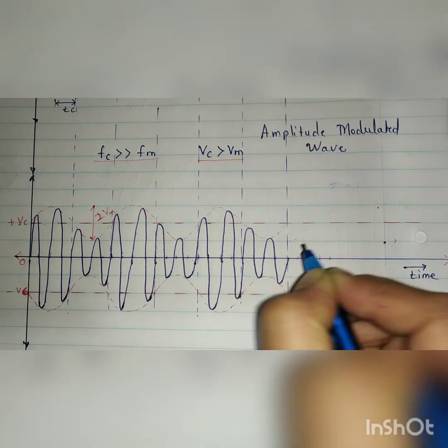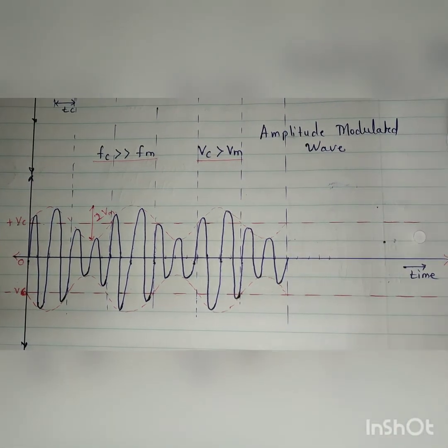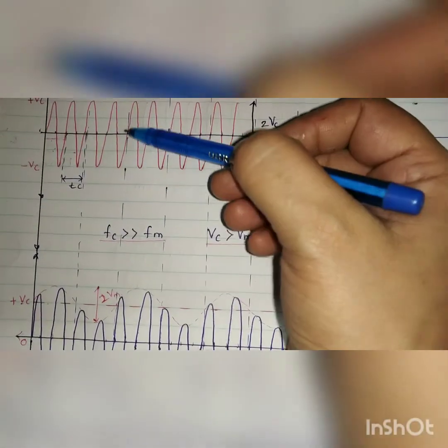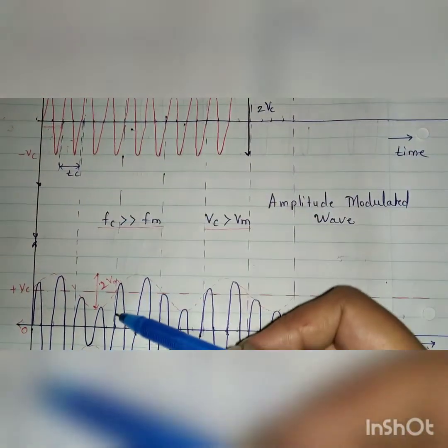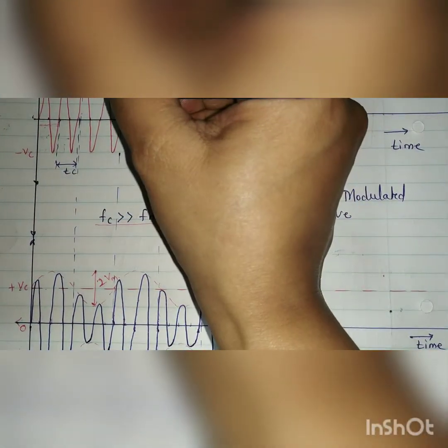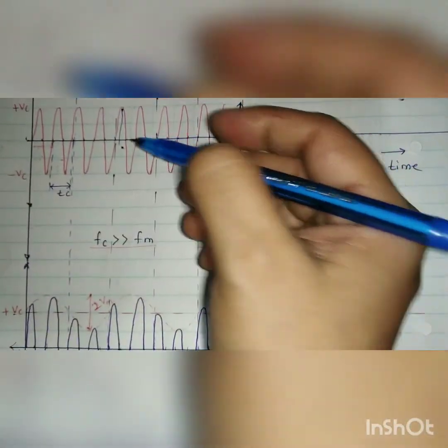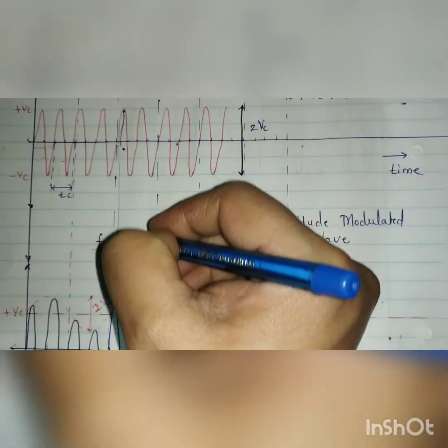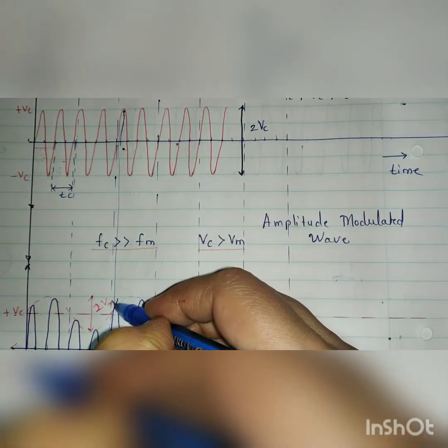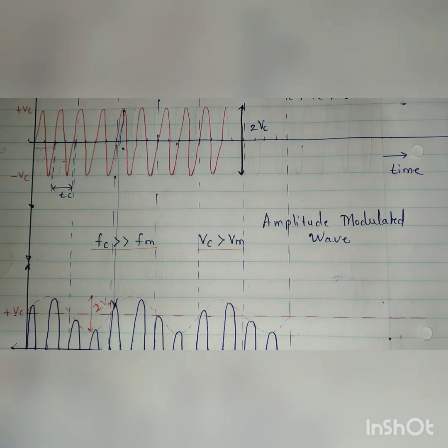Whatever is the frequency of carrier signal I have used for this is same as used for this. You can relate this. Same peak is coming in the amplitude modulated wave also.